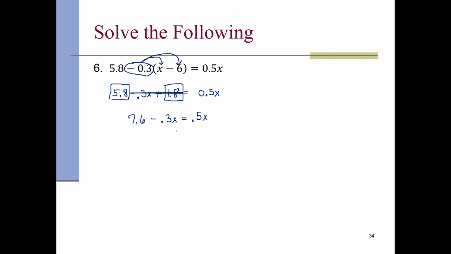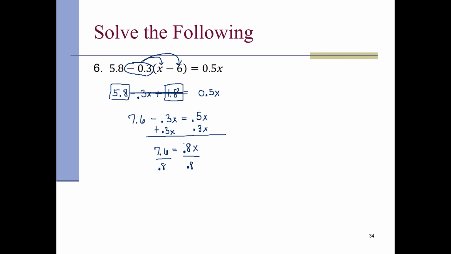Now I can get this negative 0.3x over with the other variable term, so I'll add 0.3x to both sides. So I have 7.6 is equal to 0.8x. And finally, I'll divide by 0.8 to get my answer so that my coefficient on the variable is 1.